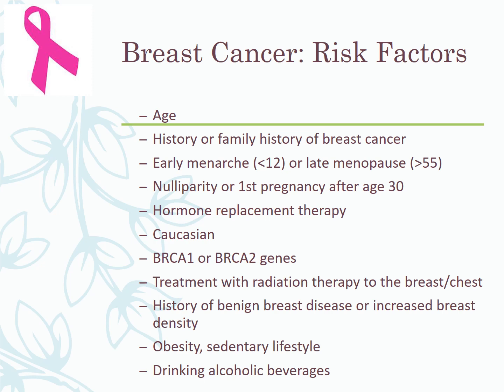you're looking at some modifiable and non-modifiable things. Early menarche, you can't modify that. There's nothing that you can do. Nulliparity or first pregnancy after 30. You might can modify that, but that's really independent of the woman, if she chooses not to have a pregnancy.